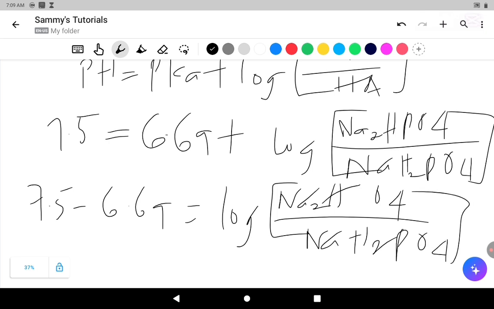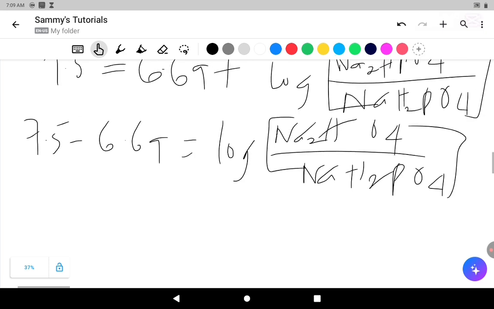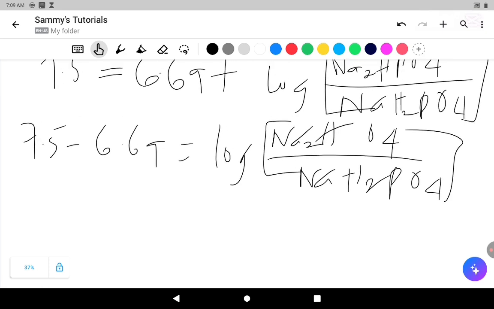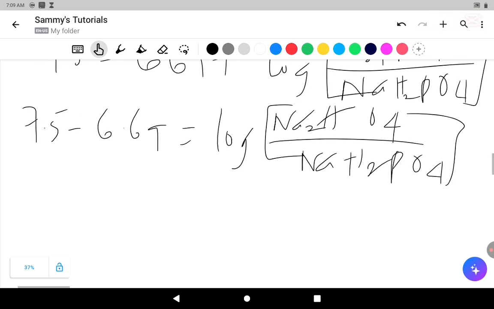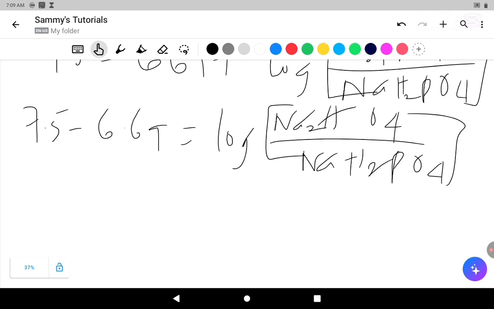After you achieve this, the next thing you need to do, I'm taking it gradually, step by step, so that all of us can understand. After you've done this, 7.5 minus 6.69, press your calculator.